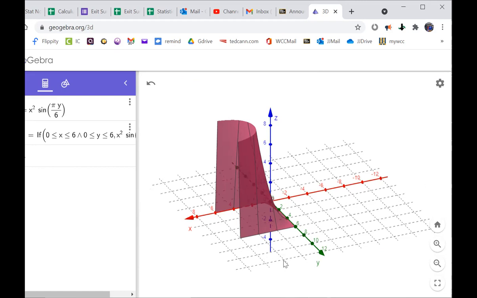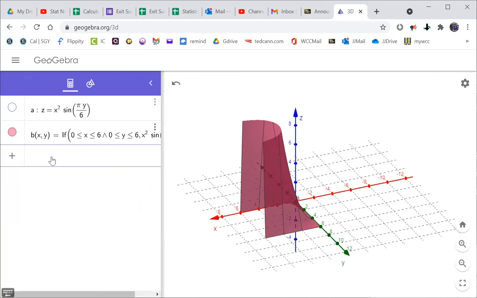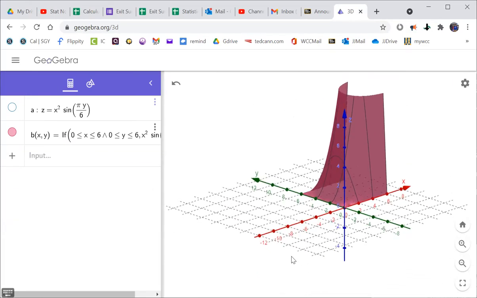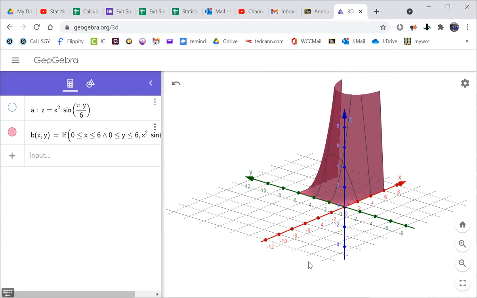All right. So what I can do is create a relation in GeoGebra that kind of gives me an idea of the visual relationship. Now, to make this consistent with the graph on paper, I'm just going to turn it around just so you can see the outer part of the surface.